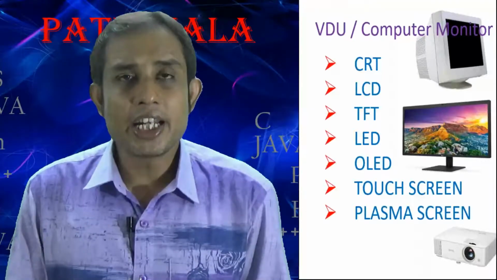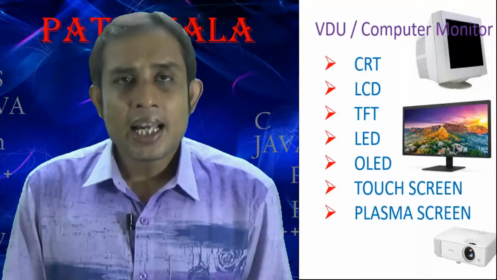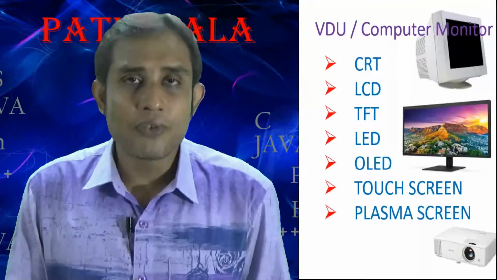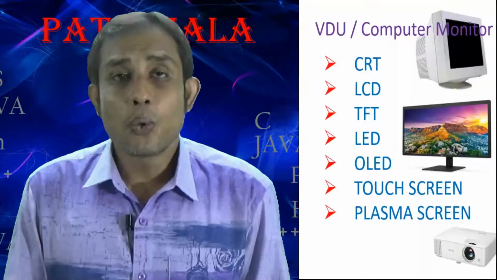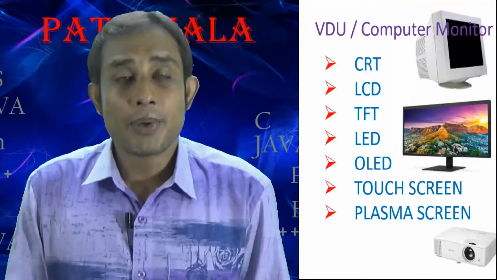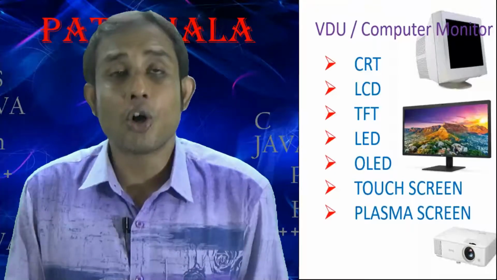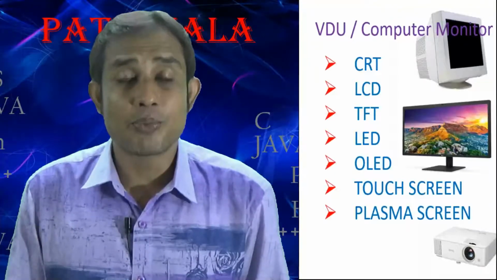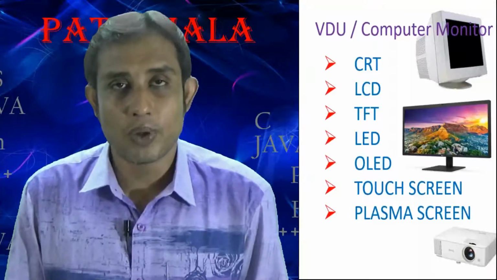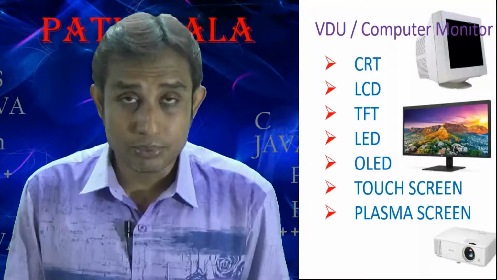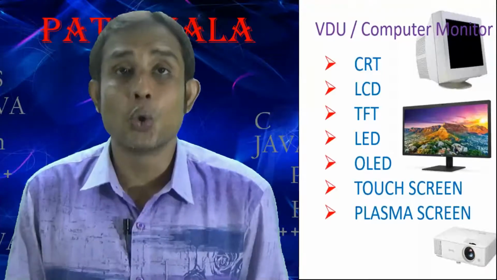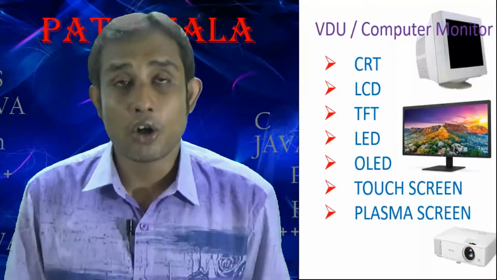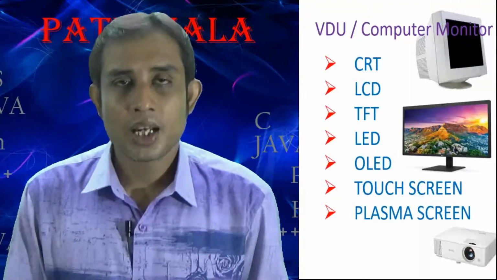Next one is the LED monitor. This type of monitor consists of an array of light emitting diodes which show the pixels or graphics of the video or the image. It shows a clearer image than the previous ones, and it also helps us use it outside of the room or in daylight.